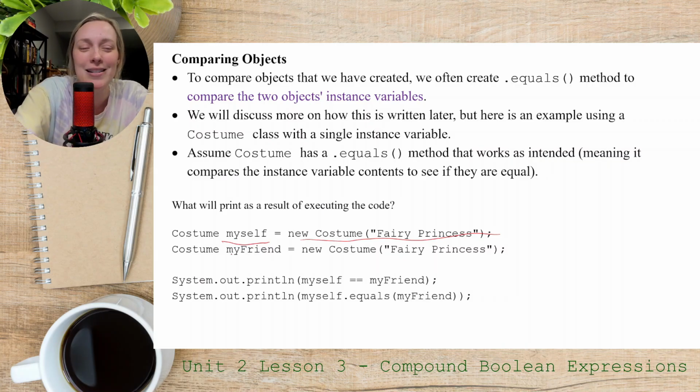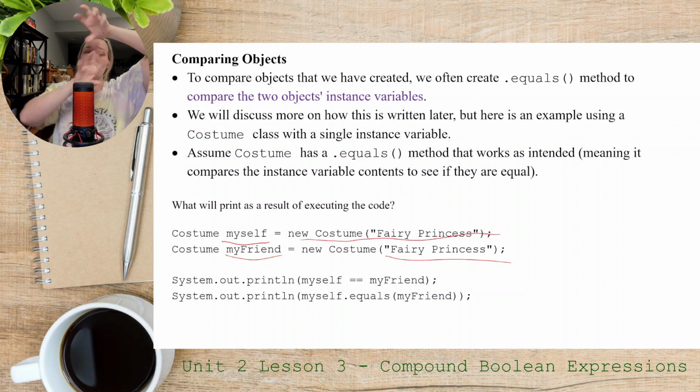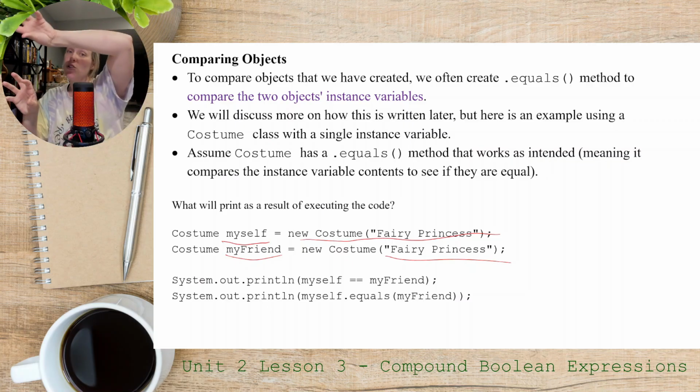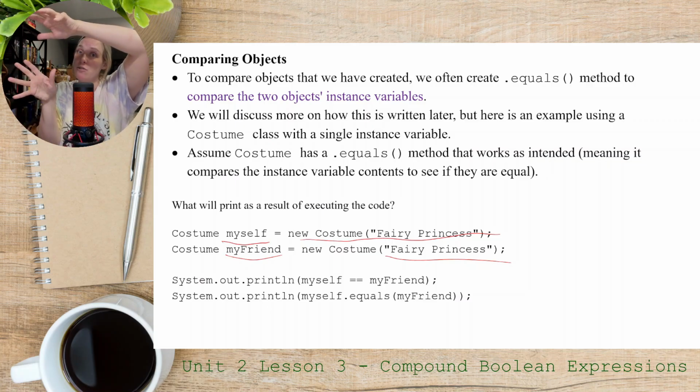Okay, I'm not crazy. My friend equals new Costume fairy princess. When we construct these costumes, myself and my friend, remember I construct the reference variables, myself and my friend, and those reference variables point to two different locations in memory where I construct my new Costume, okay?